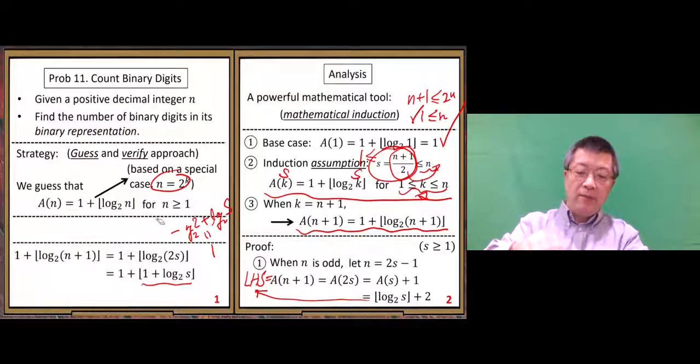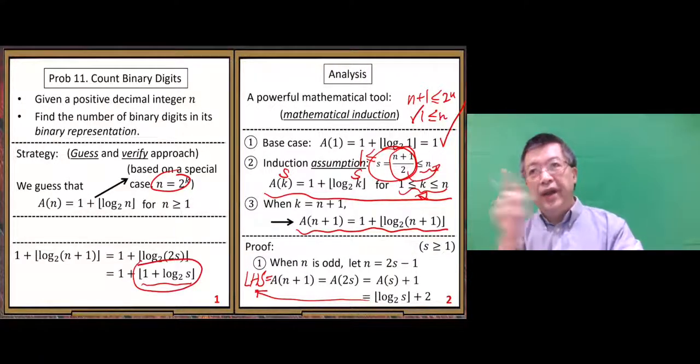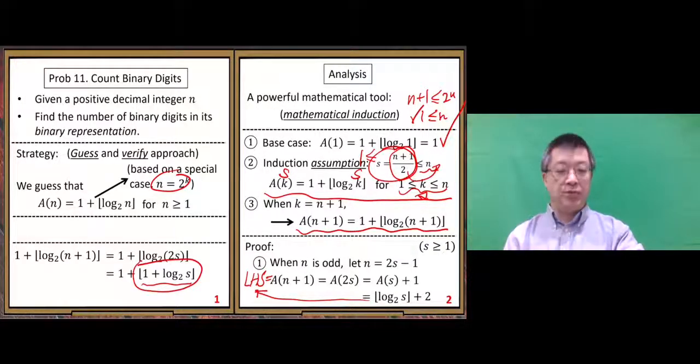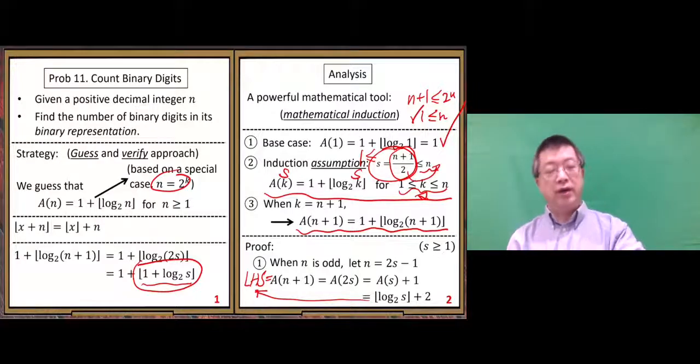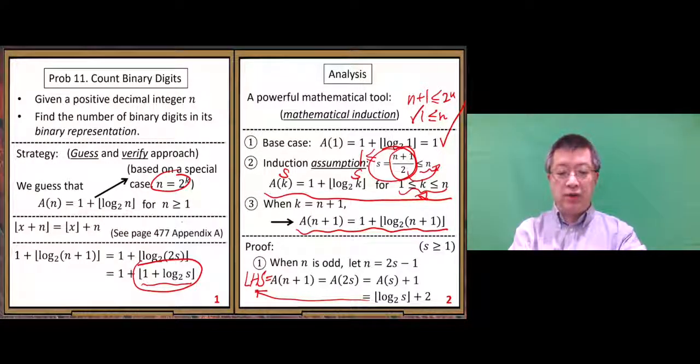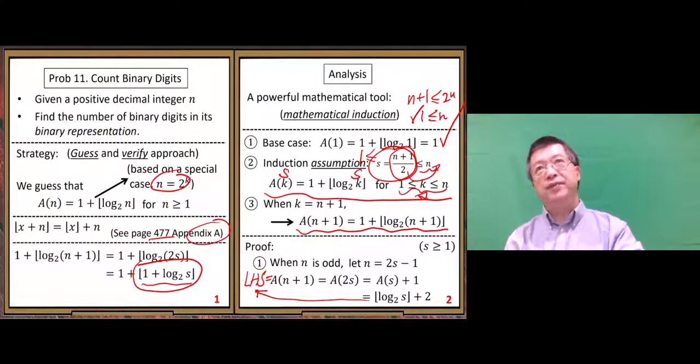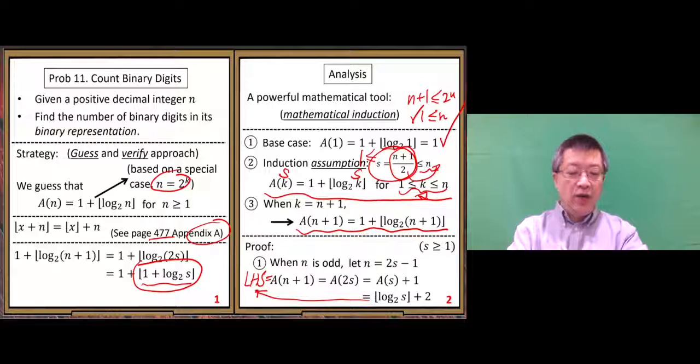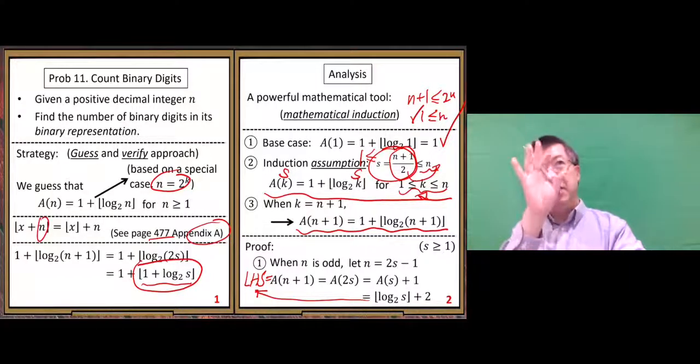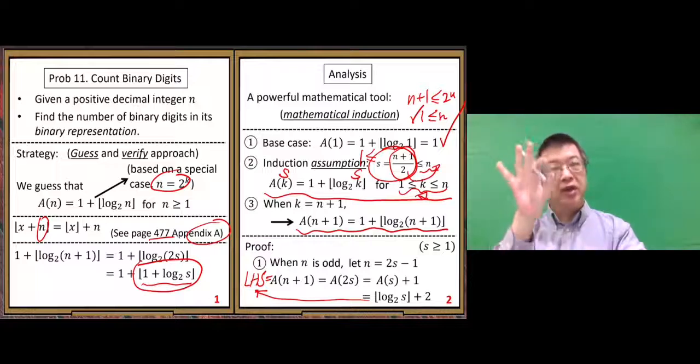But here, to simplify this floor function part, we need another formula from our textbook. Let me put here the formula from our textbook, Appendix A, this page, so you can find it. It tells us when you calculate the floor function of x plus an integer, here n means some integer, could be positive, negative, 0, doesn't matter, but it must be an integer.